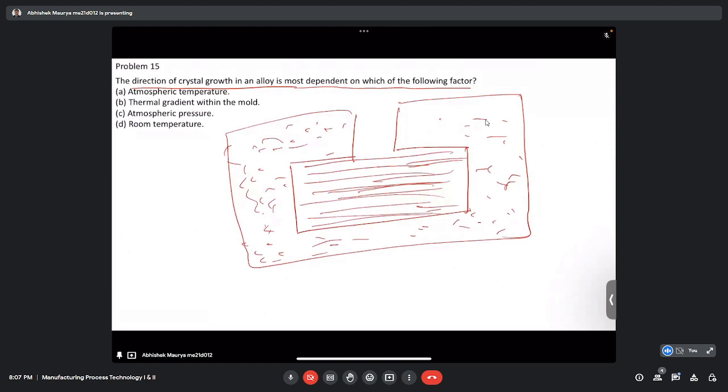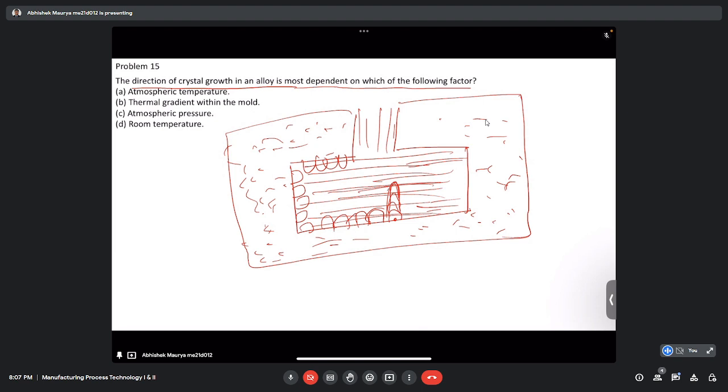As we have already discussed, the solidification process begins near the walls of the mold, the grains will nucleate near the walls of the mold, and it will keep on growing towards the center.